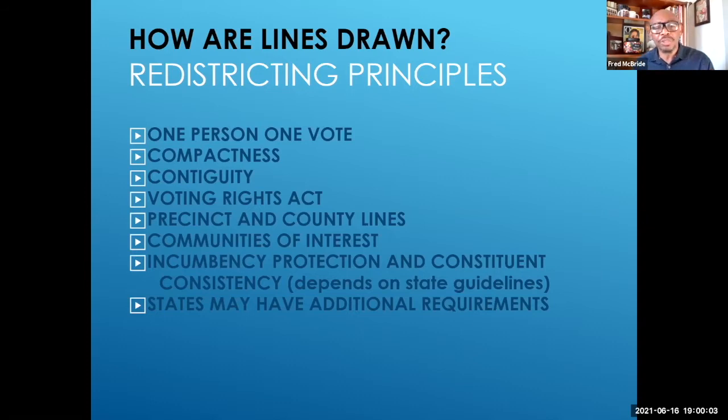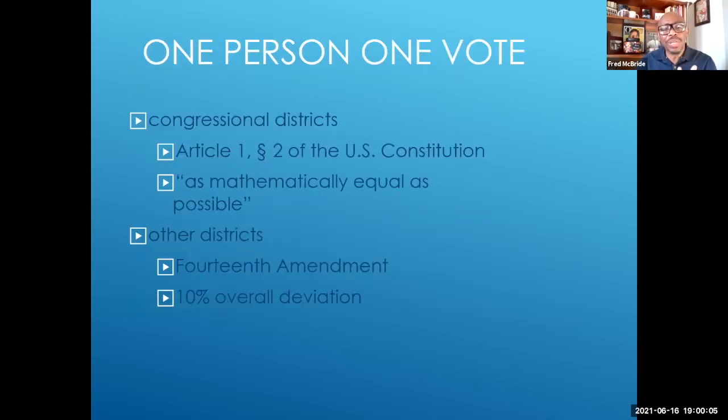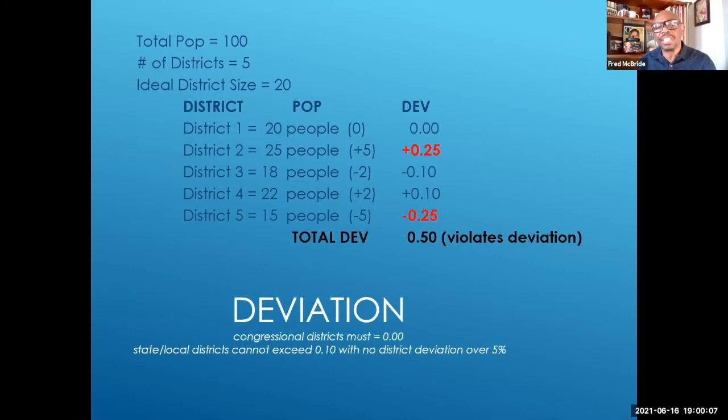So those are redistricting principles. And what I want to do is explain one in particular, population equality, that I told you about. I told you congressional districts have to pretty much have the same population, but other districts don't. And if you note my example in front of you, let's say we live in a city that only has 100 people.